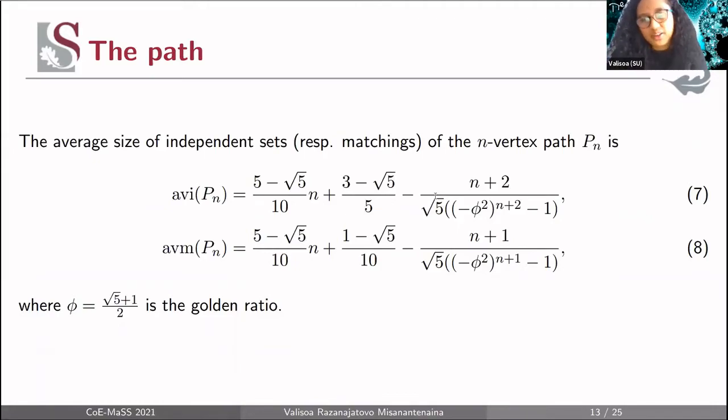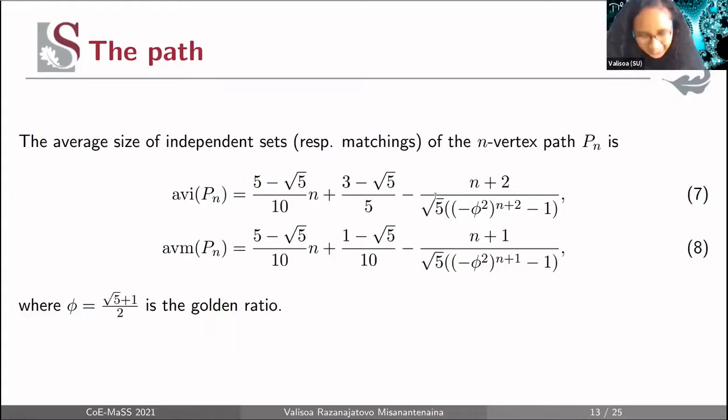And for the average size of matchings, we use the fact that the line graph of a path on n vertices is again a path, on n minus 1 vertices. So if you have a graph and you want its line graph, you take the edges of that graph to be the vertices, and you draw an edge if the edges in the previous graph share a common vertex.